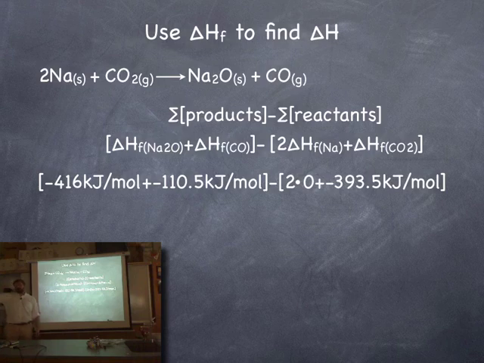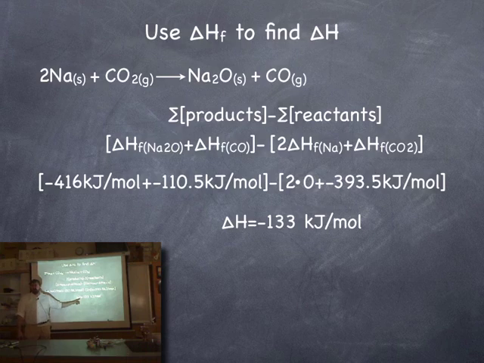Remember, there's a sort of reverse thing that they could do here, which is not infrequent, where this is equal to delta H, right? So if you knew the delta H, and you knew all of the delta HFs but 1, you could solve for delta HF. Essentially, you have a certain number of variables, and you're going to be given all but one of them.